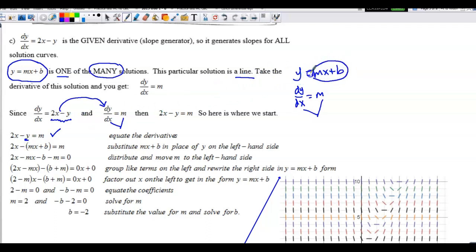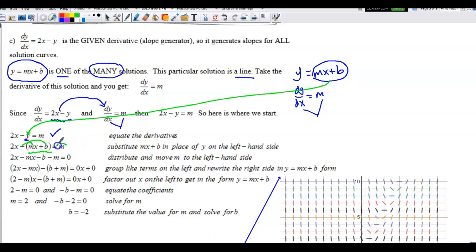Y is equal to mx plus b, so I'm going to substitute mx plus b in place of y. And that's where this came from right here. Then I'm going to distribute the negative, so that's where the next step comes from.